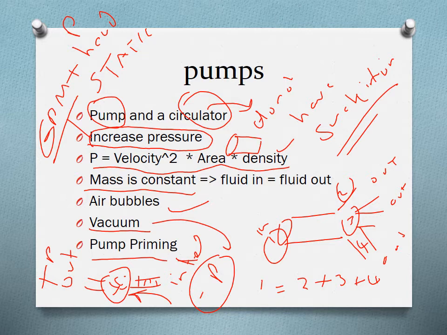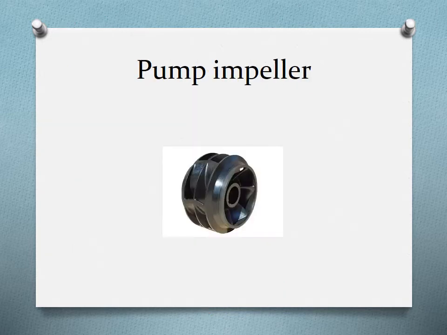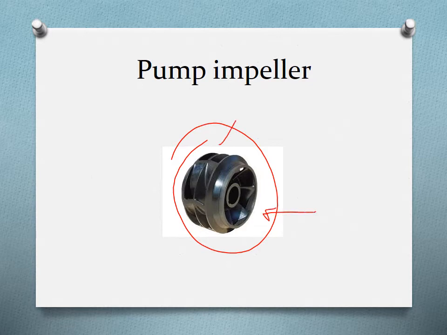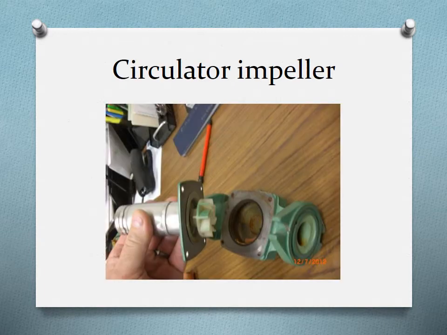Moving on, this is an example of a pump impeller, not a circulator, and you can see how elaborately designed it is, where the liquid comes in here and is pushed against the casing to create more positive pressure. So this is a circulator impeller. You see how it's different from the pump.